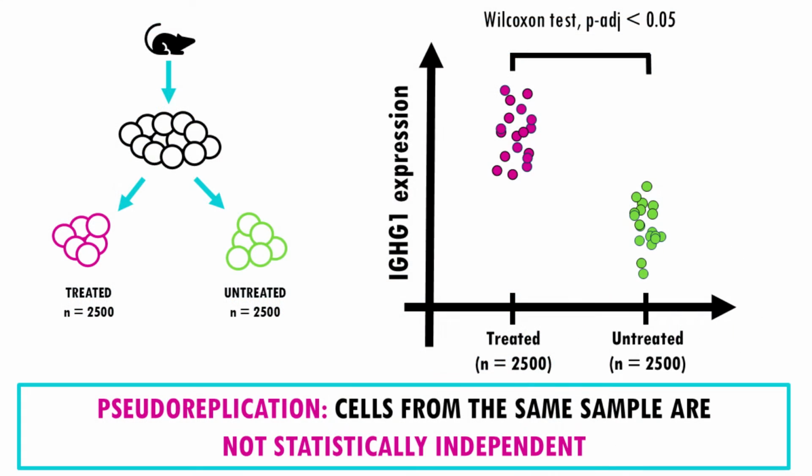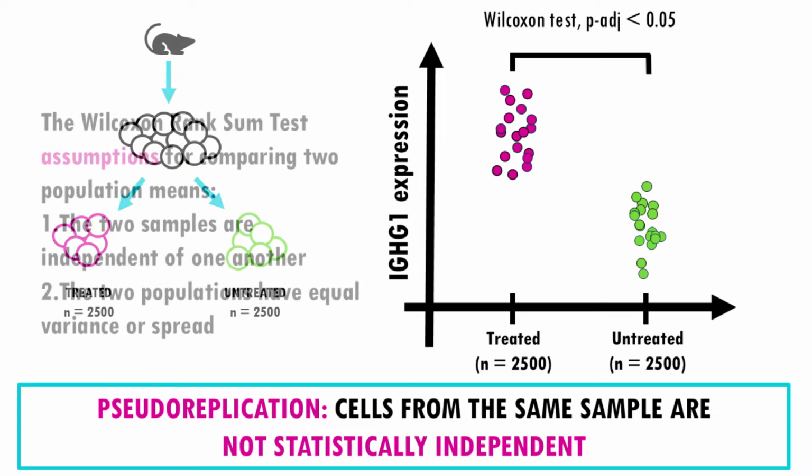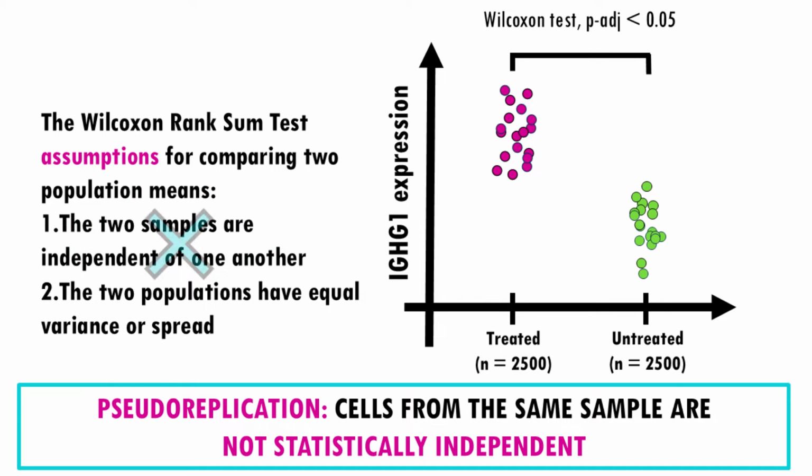And even if you just had one single sample that came from one patient or one mouse, and you wanted to compare 2 cell states, your cells would not be independent since they originated from the same patient or the same mouse or whichever tissue of origin. So cells from the same donor are not independent.